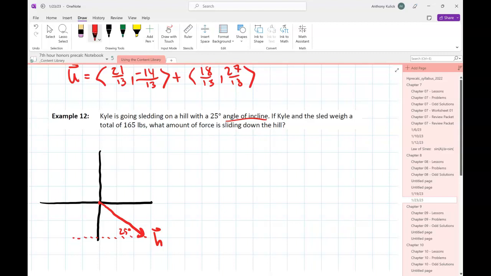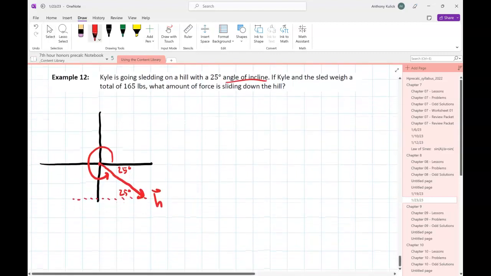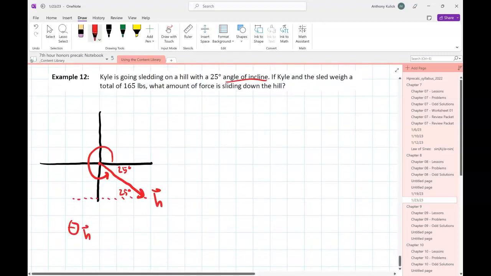And by the alternate interior angles theorem from geometry, that's a 25-degree angle there. So my standard position angle for that hill vector is 360 minus 25, or 335.